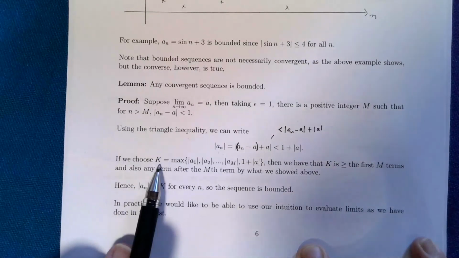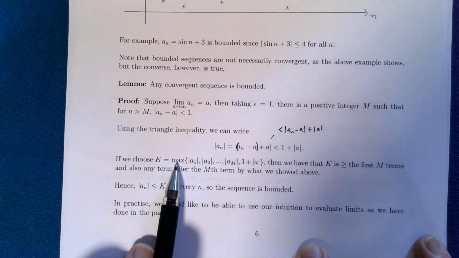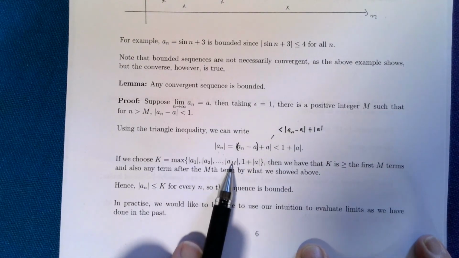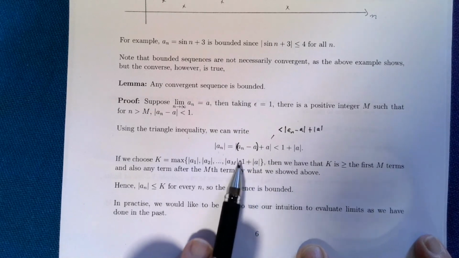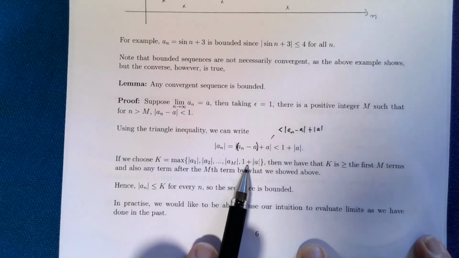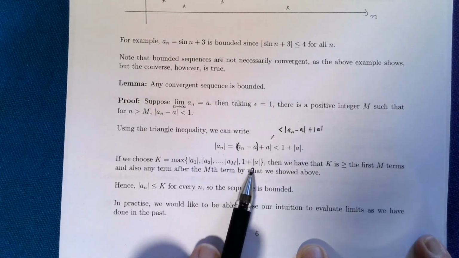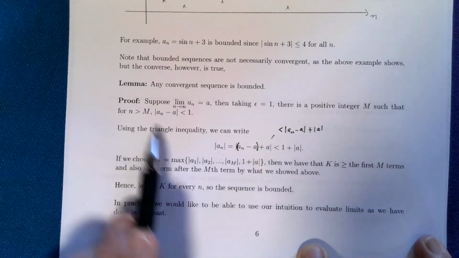Well, to take care of that, I'm going to put my constant k to be whichever is bigger: the maximum of the first m terms and this quantity, which we know a_n is less than, provided we go past the mth term.